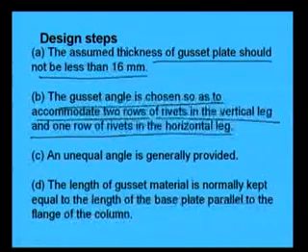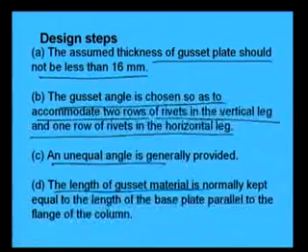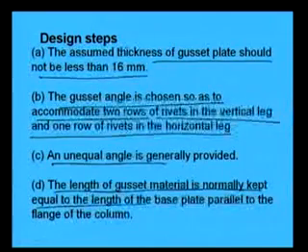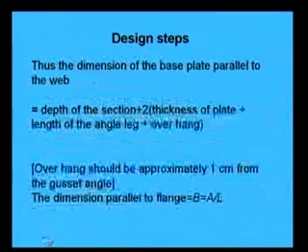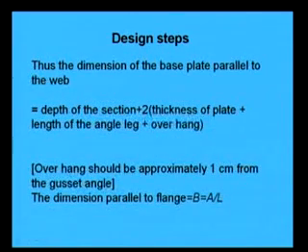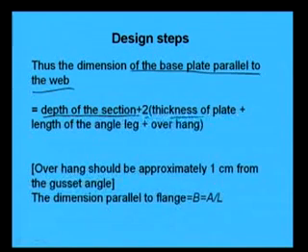The length of gusset material is normally kept equal to the length of base plate parallel to the flange of the column. Then the dimension of the base plate parallel to the web can be calculated from this, that is depth of the section plus 2 into thickness of plate plus length of angle plus overhang.